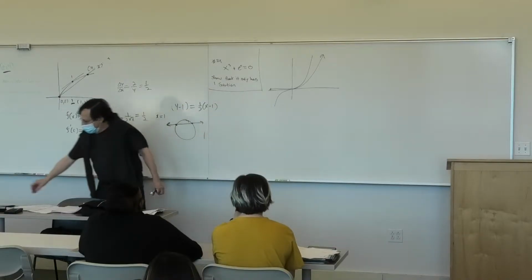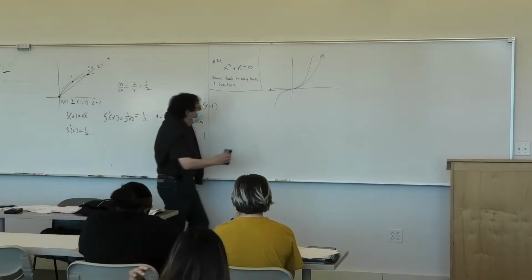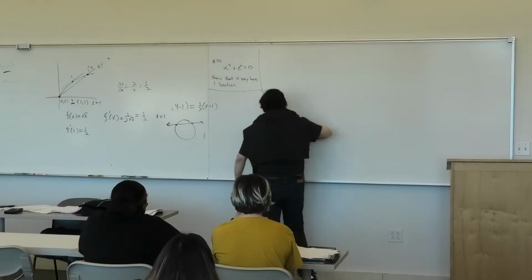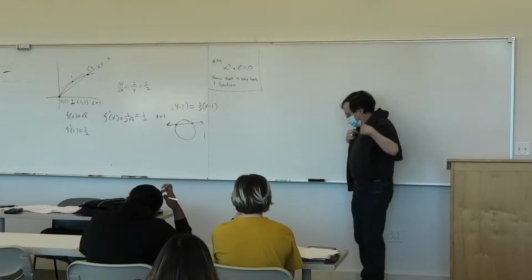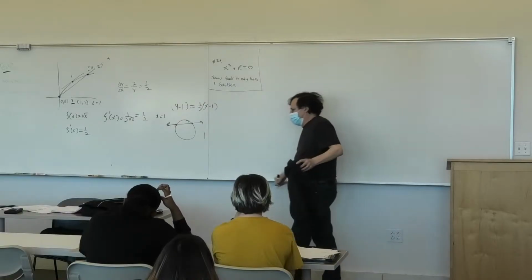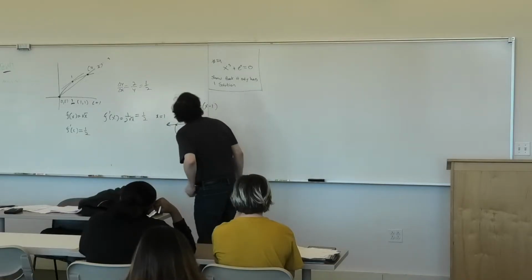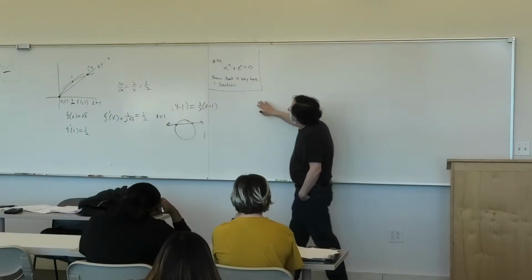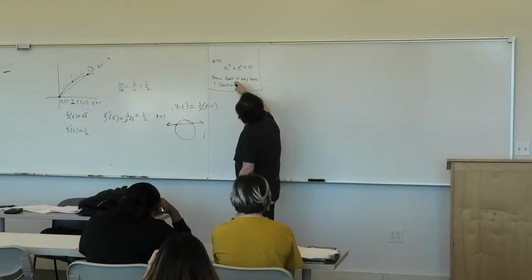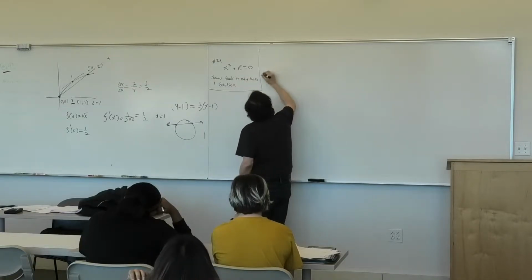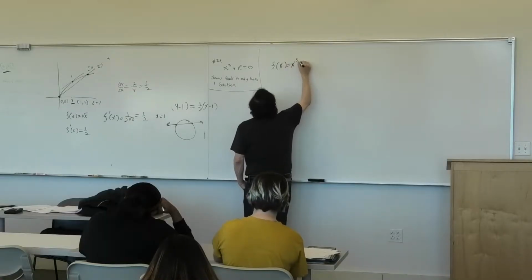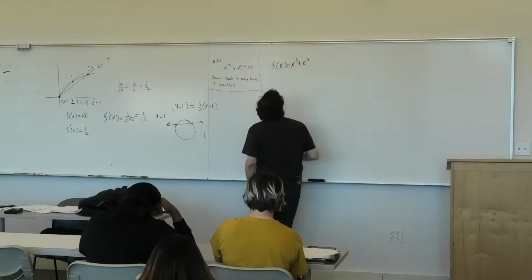So how do we go about that? This is similar to a problem we did with x cubed. Oh, I know how you can show it has a solution. Let's call this function f of x equals x cubed plus e to the x.